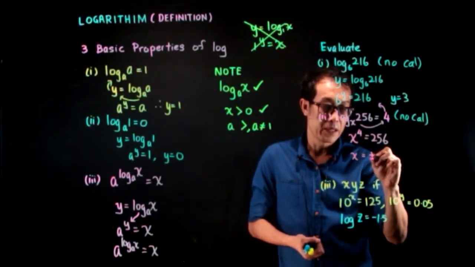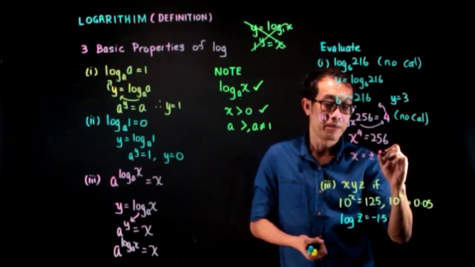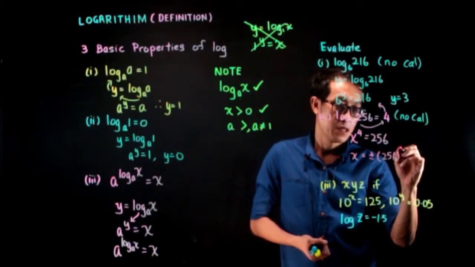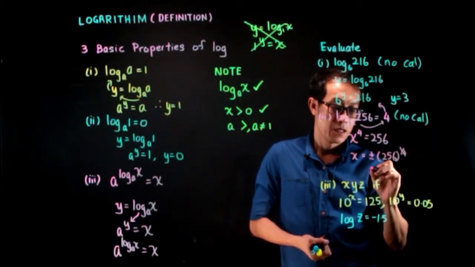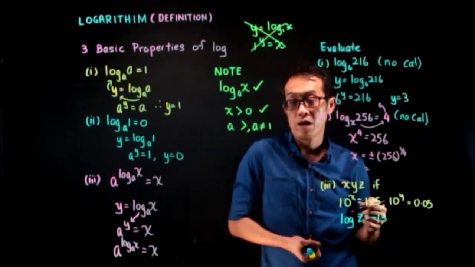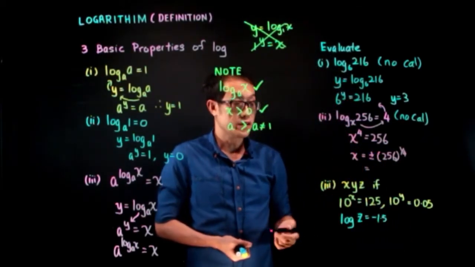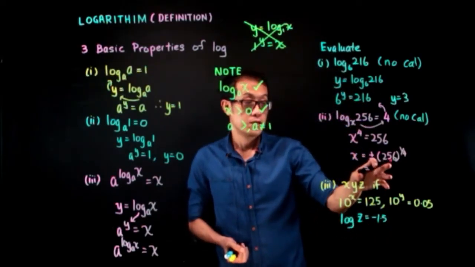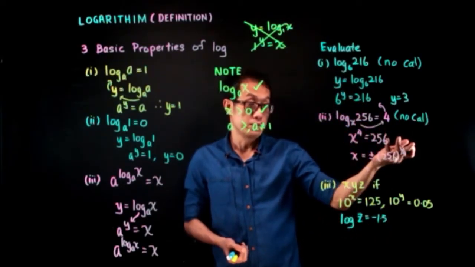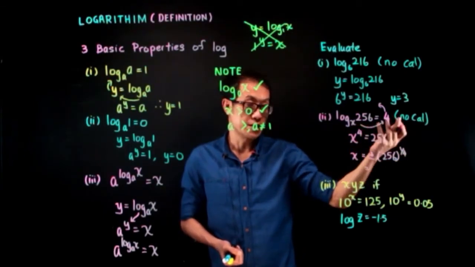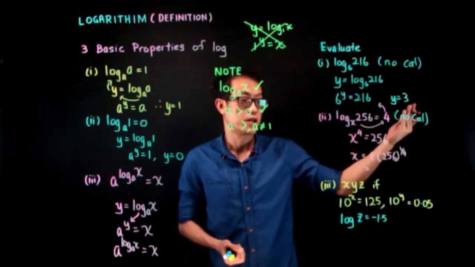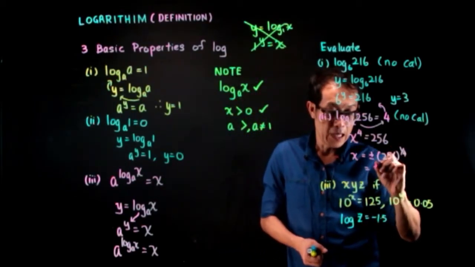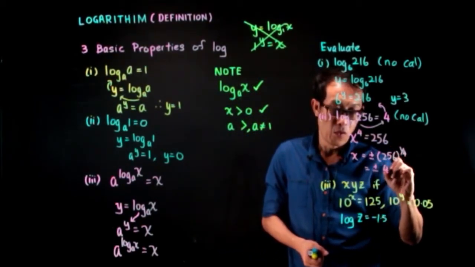This is an even number, the 4, so you will have a plus minus. 16 times 16 is 256, and 16 is 4 times 4, so 4 times 4 times 4 times 4 is 256. So this is plus minus 4.